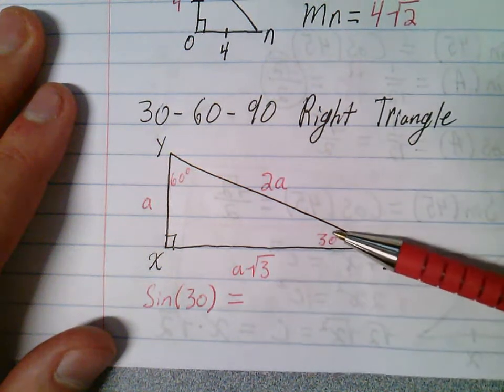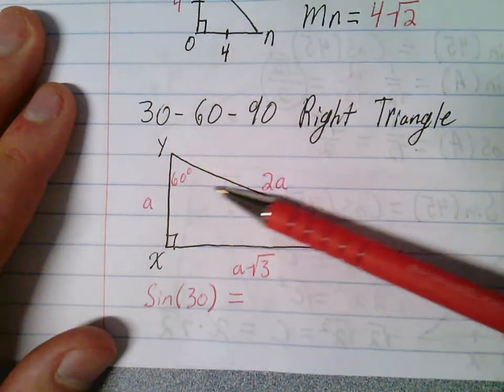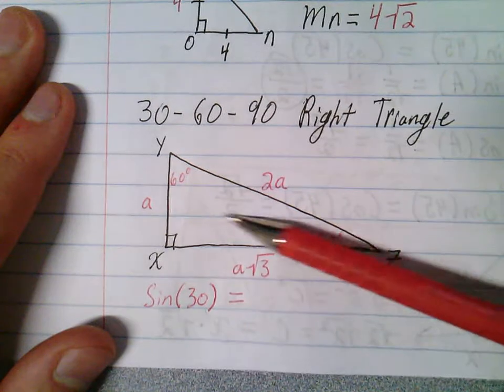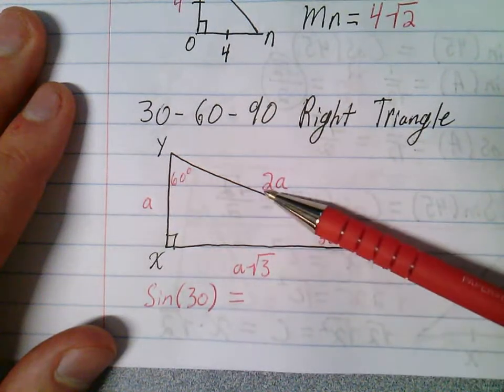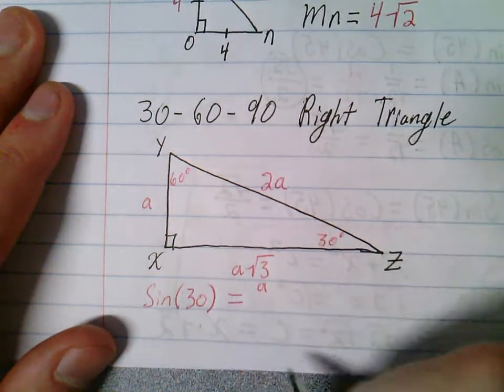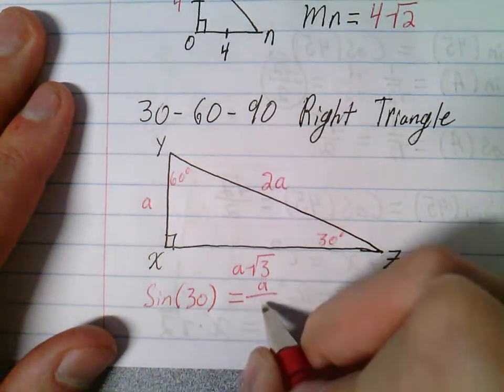Well, sine means opposite. So sine is opposite over hypotenuse. So we'll have A over 2A.